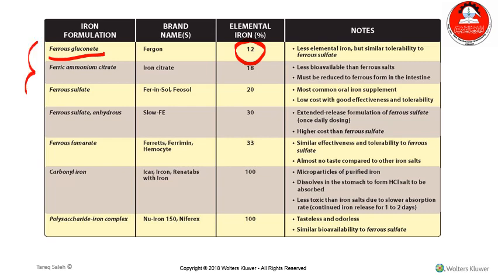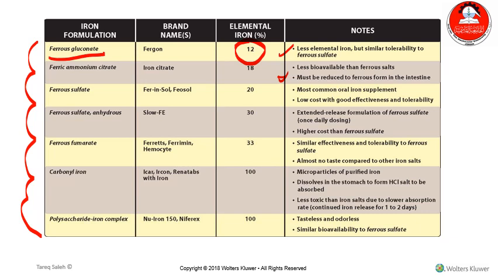Note here that all these different preparations of oral iron contain different percentages of how much elemental iron is available in each pill of the drug. This is very important because you will have to calculate the actual amount of iron that will be given to the patient.